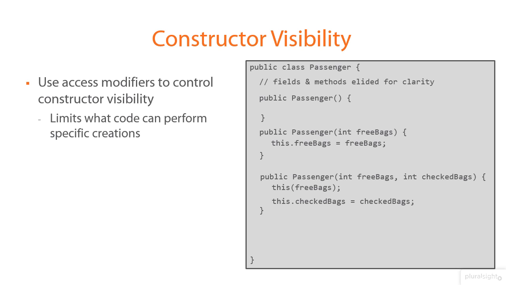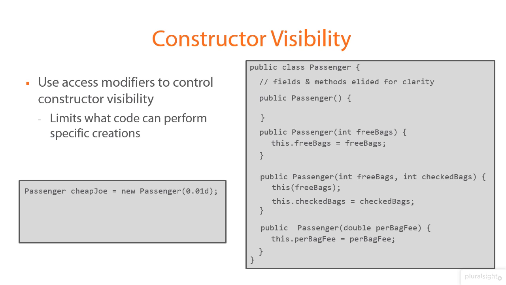All right, let's think about an example here. Let's say that we introduce a constructor that allows us to identify the per bag fee for a passenger. Of course, all that does inside is assign whatever that parameter is into our per bag fee field. But if the logic around setting bag fees is meant to be part of our class, we probably don't want a program to easily go in and change that.